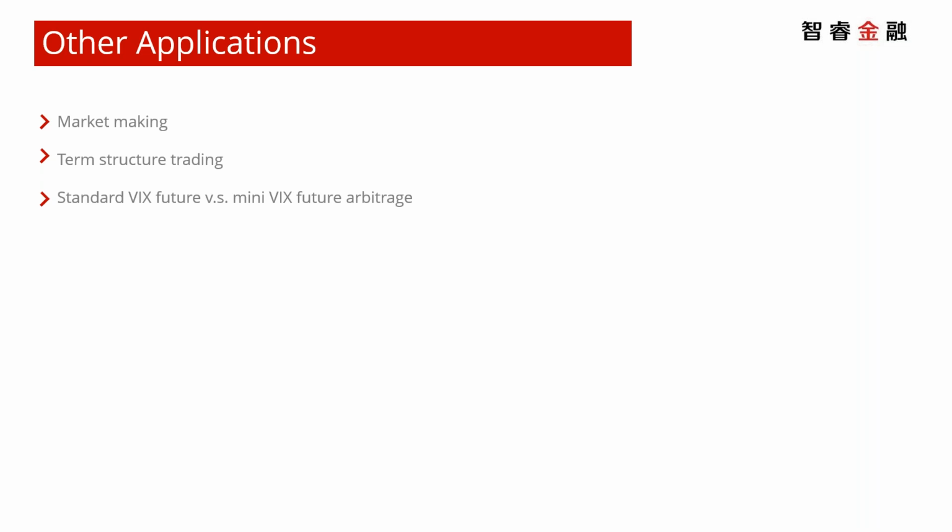But if you send limit orders to the order book and try to get hit or lifted and then hedge with the other one, sometimes, because your speed is not very fast or your algorithm has some flaw, you will actually be arbitraged by other competitors who have a better technological setup or a better expectation of the future.